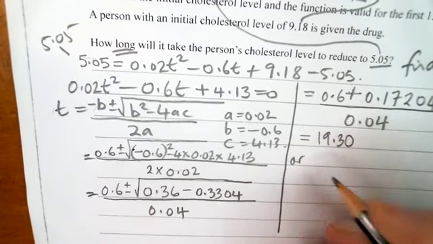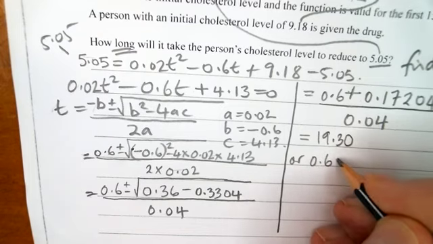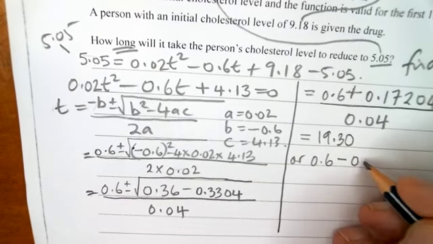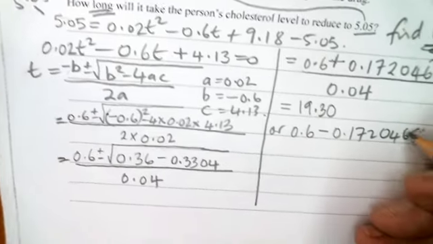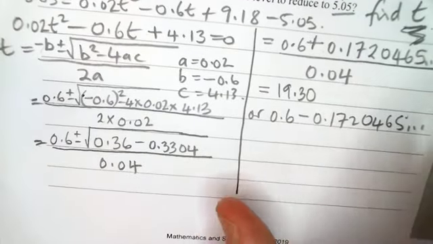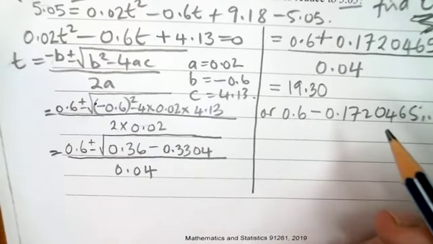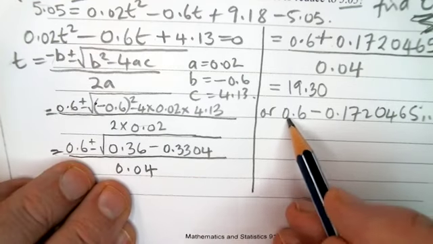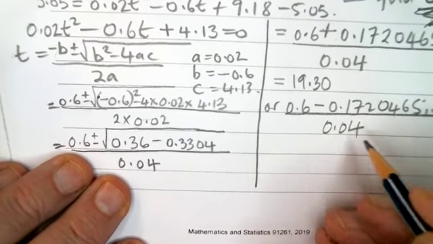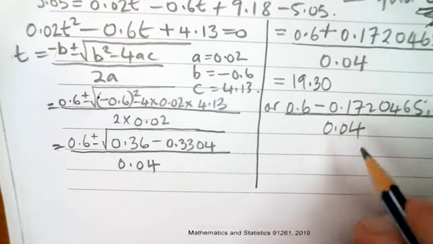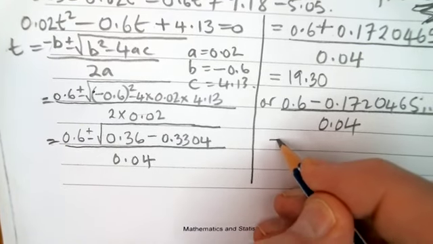Or it's going to be 0.6 minus 0.1720465. Now, I'm doing this one without using the calculator, I'm just doing it manually, of course, but you would do it using the calculator all the time, I would imagine. I'm only doing it like this. Obviously, it's taking a time, but at least you can see the process taking place.